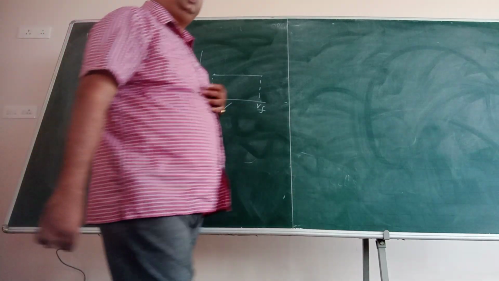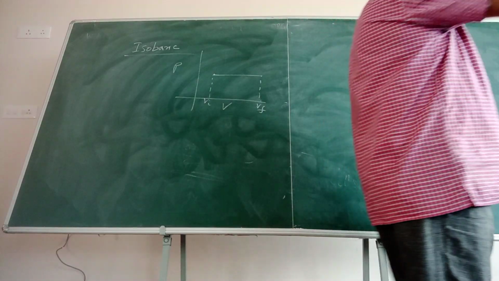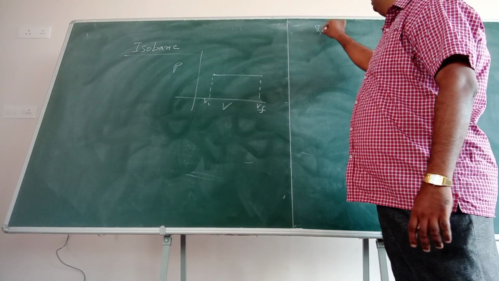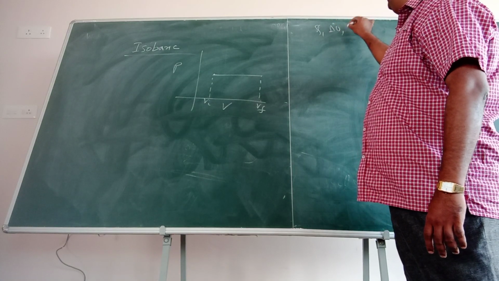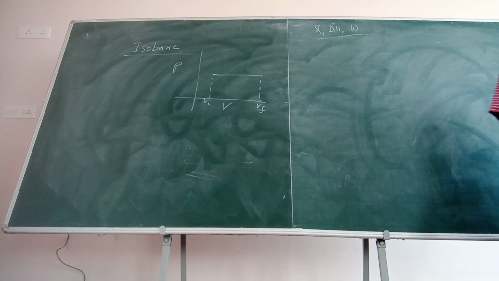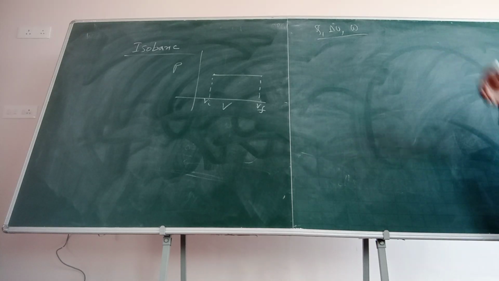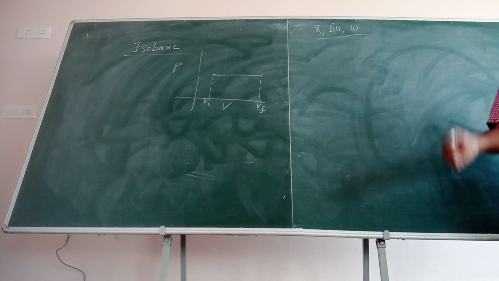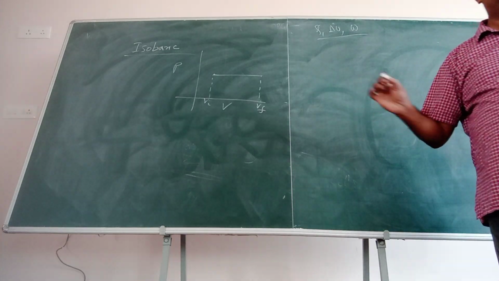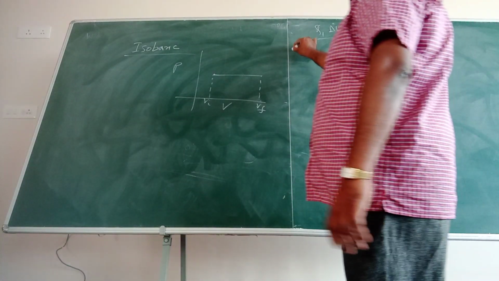When you are doing a thermodynamic process, what are we interested in? We are always interested in Q, delta U and work. Whenever you talk about a thermodynamic process, we are interested to calculate them. If you say some amount of work is done, the question comes, how much work is done? As simple as that. So let us find W here.